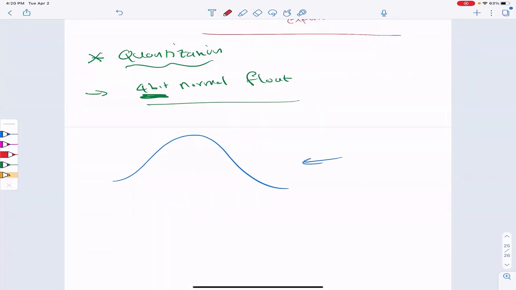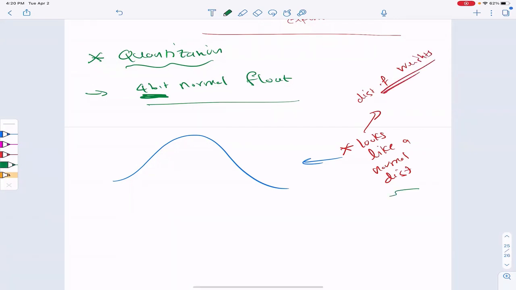It might not be exactly a normal distribution, but if you empirically look at all of these big models, the distribution looks like a normal distribution. So this is an assumption I want to highlight.